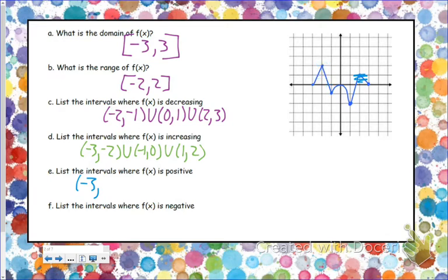Now, this one's a little bit trickier because we don't really know what that x-intercept is. We can estimate it, but I want to be able to find it exactly. So to find that exactly, we're going to review some stuff from Algebra 1. That segment there is a line. That line has a slope of -3 because I'm going down 3 and right 1. If I wanted to write the equation of that line, it would be y equals -3x plus or minus the y-intercept.